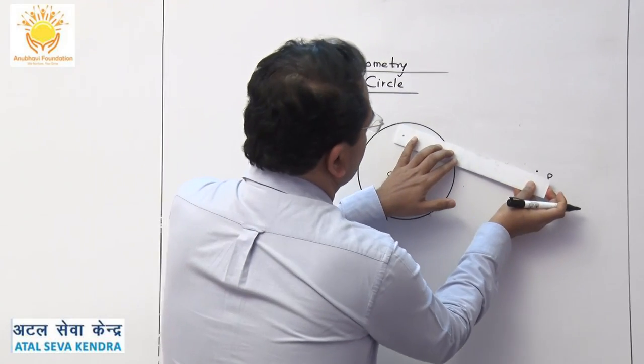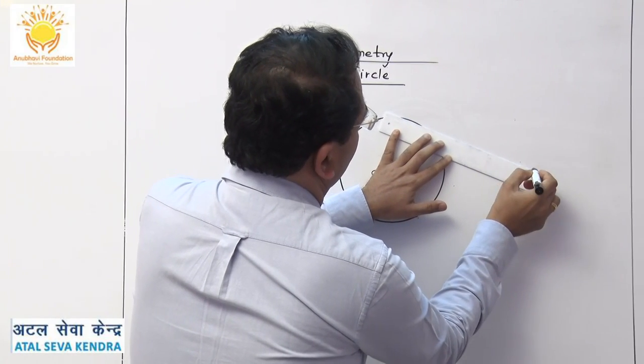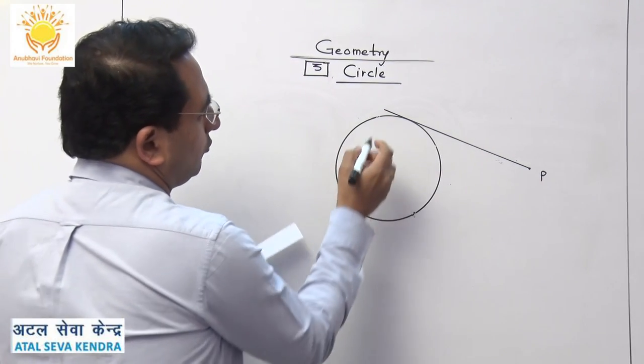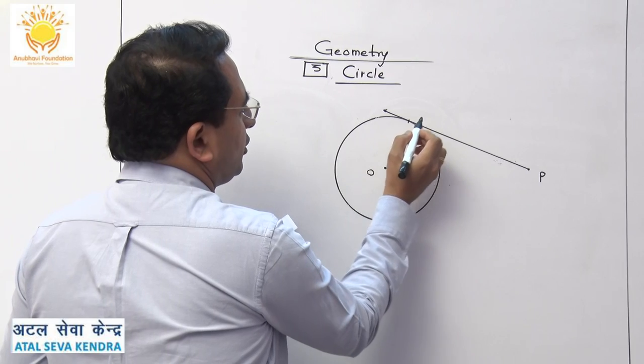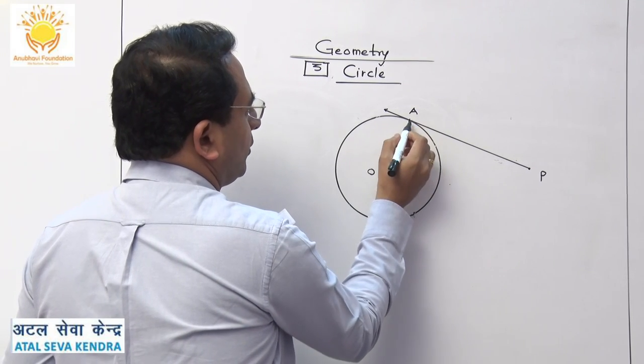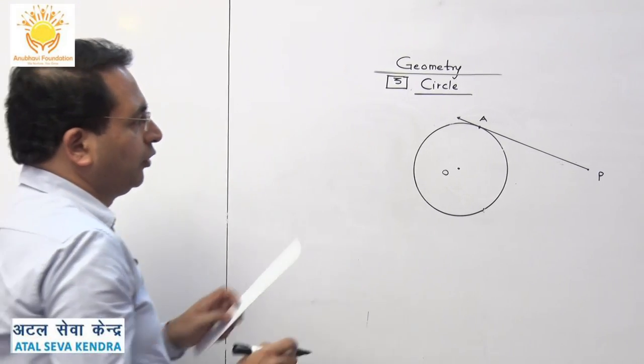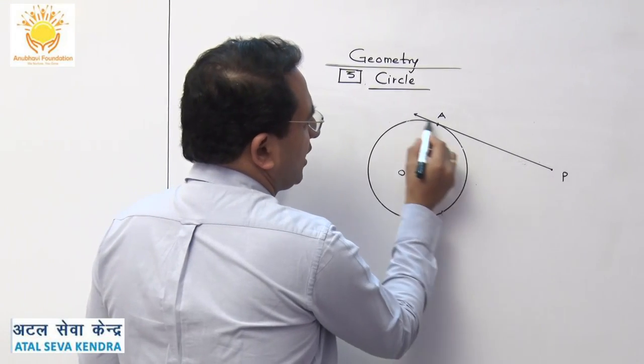A tangent is the line which is touching the circle. This is called a tangent, and point A, for example, is called the point of contact.